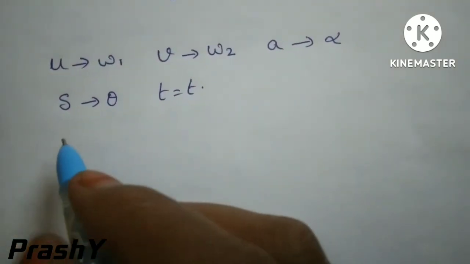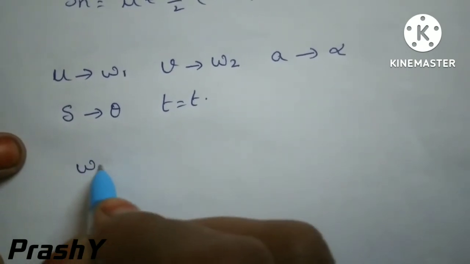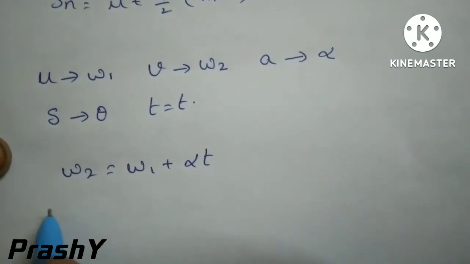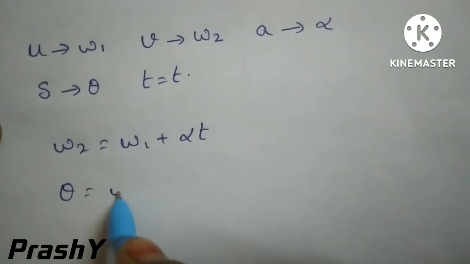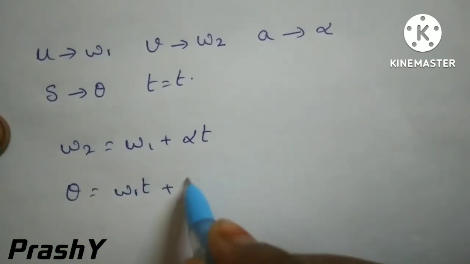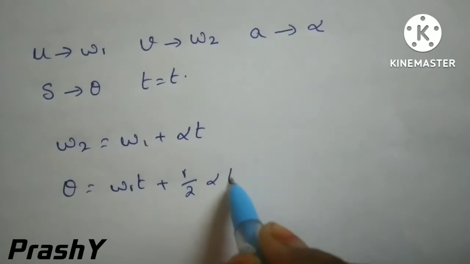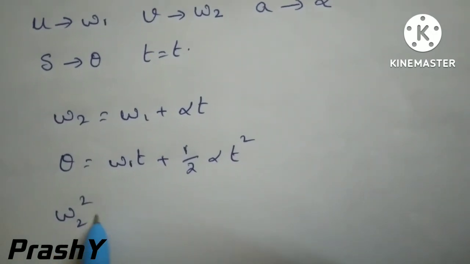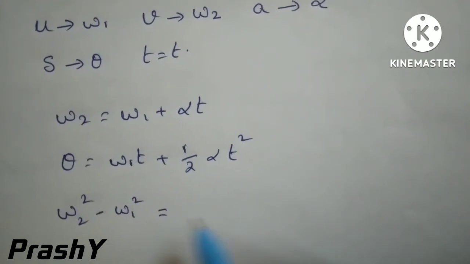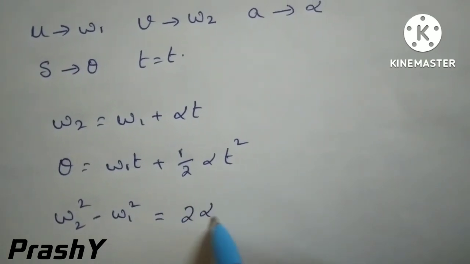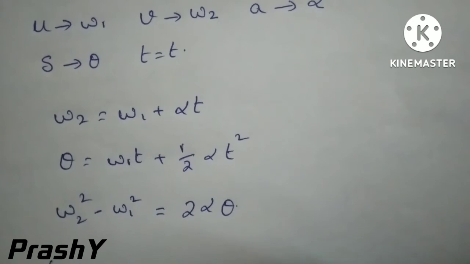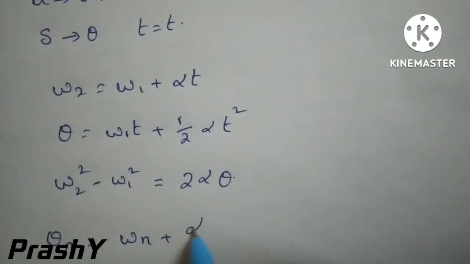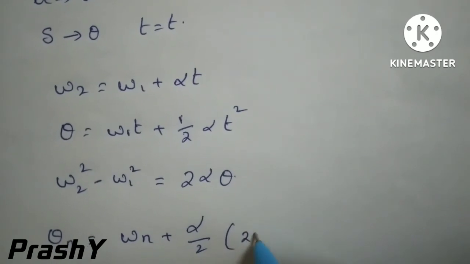So the equations for angular kinematics are: omega 2 is equal to omega 1 plus alpha into t, and theta is equal to omega 1 t plus half into alpha t square, and omega 2 square minus omega 1 square is equal to 2 alpha theta, and finally for the nth second, theta n is equal to omega 1 plus alpha by 2 into 2n minus 1.